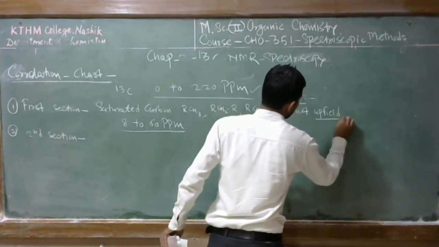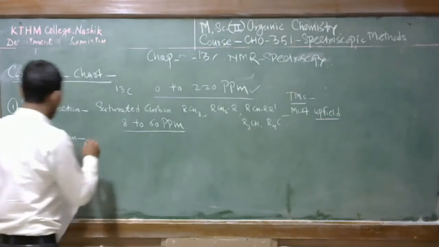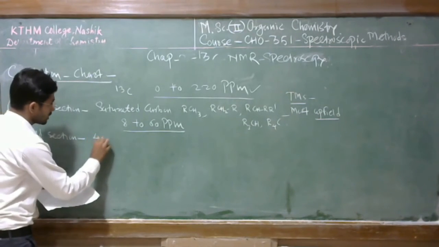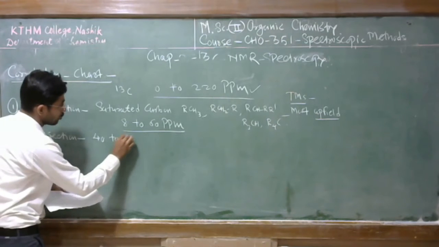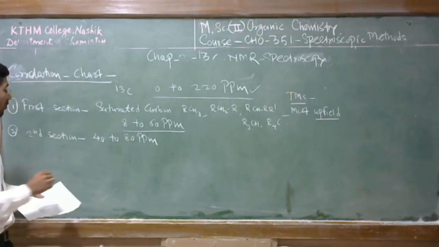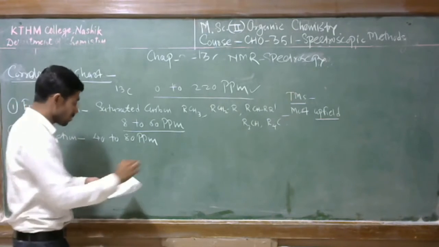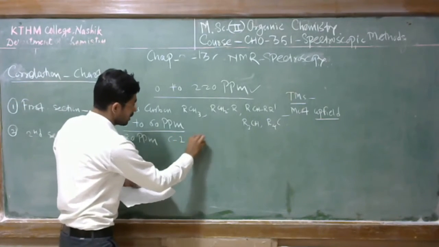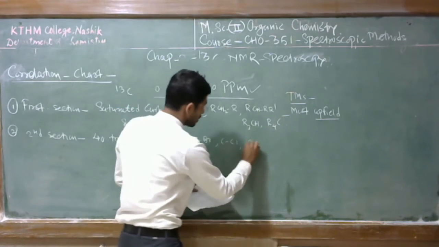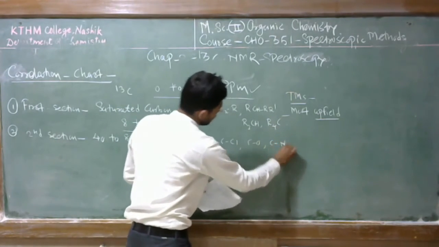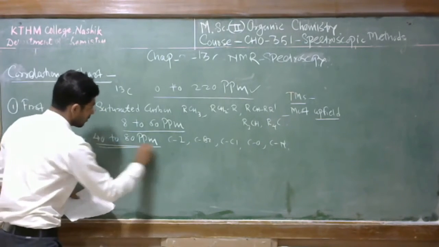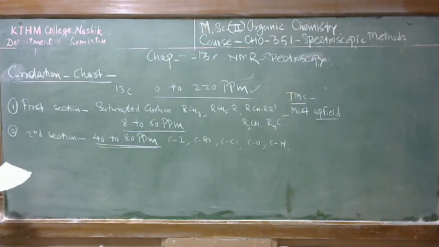So when carbon is attached to iodine, bromine, chlorine, oxygen or nitrogen, the chemical shift value comes in the range 40 to 80 ppm.